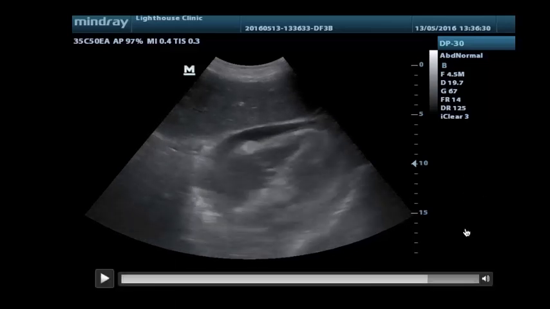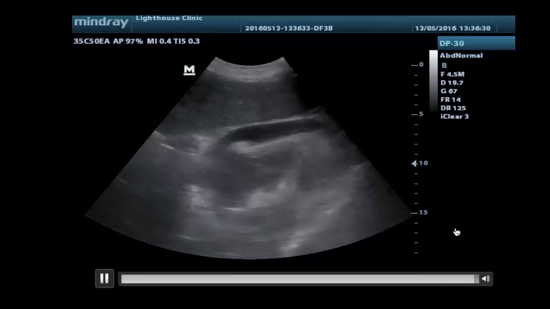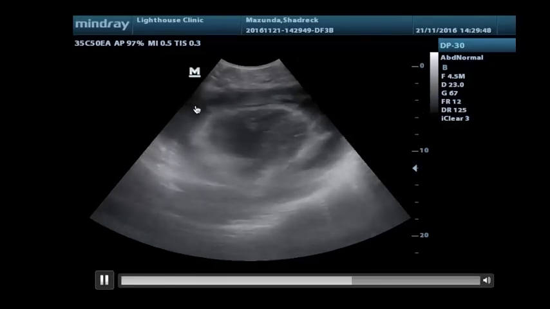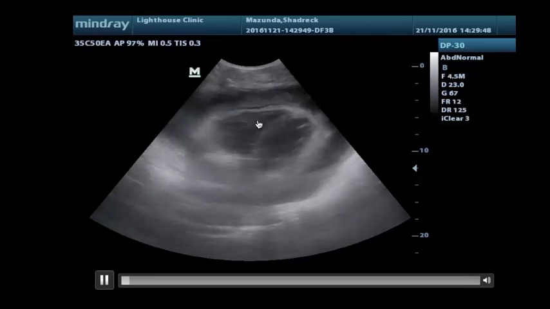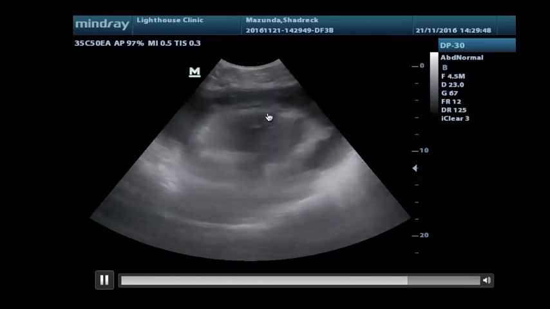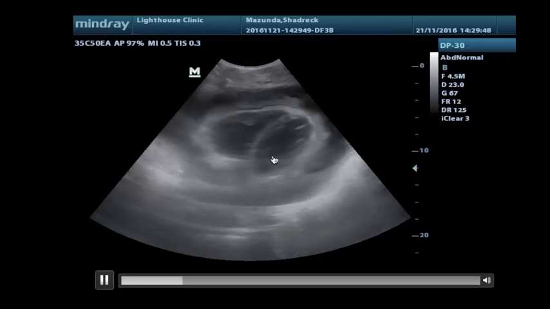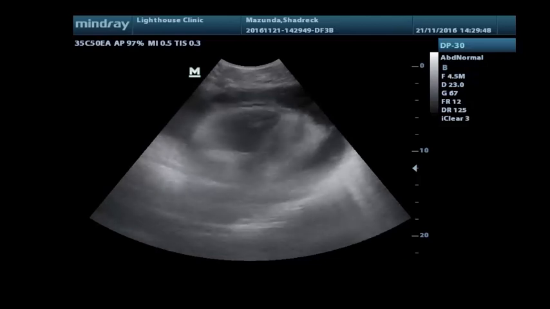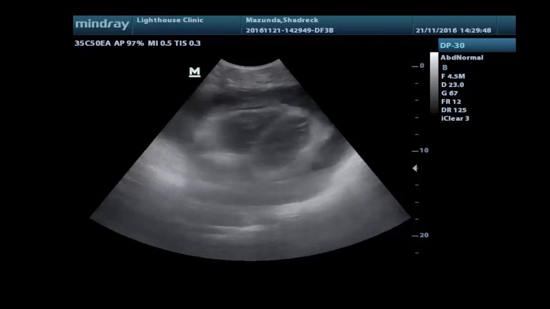Let's have a look at another example just to get your eyes used to it. This is again a patient with a TB pericarditis. You can see a little bit of liver here. You can see the right ventricle, the left ventricle. The atria are not visible, so that's the problem you often have, that you do not see the four chambers nicely like in an anatomy book.